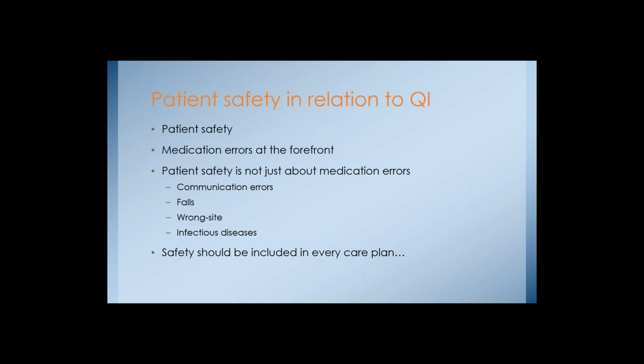But safety is a little bit different than error in terms of the definition. Like I said, the definition of safety is freedom from accidental injury. Error is the failure of a planned action to be completed as intended, or the use of a wrong plan to achieve an aim. Errors are directly related to outcomes, but they don't necessarily change outcomes all the time.